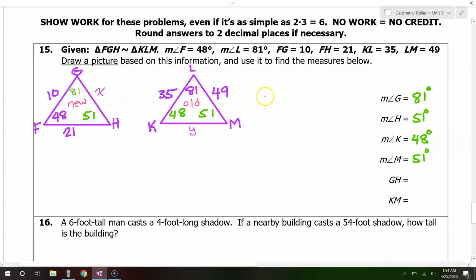It doesn't matter which one is which, but when you write your equations, you're going to write them in the form new over old is equal to new over old. So new over old, that would be X over 49. And then another new over old would be 10 over 35.